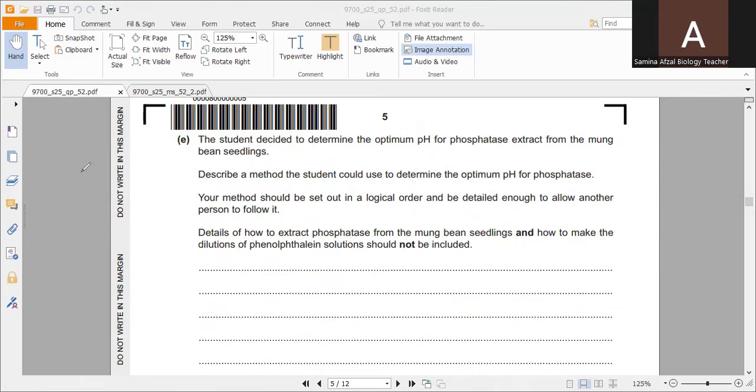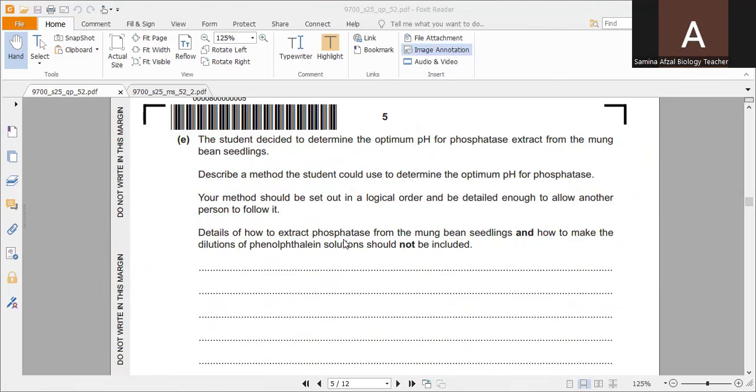Which is part E. The student decided to determine the optimum pH for phosphatase extracted from the mung bean seedlings. Describe a method the student would use to determine the optimum pH for phosphatase. Your method should be set out in a logical order and be detailed enough to allow another person to follow it.